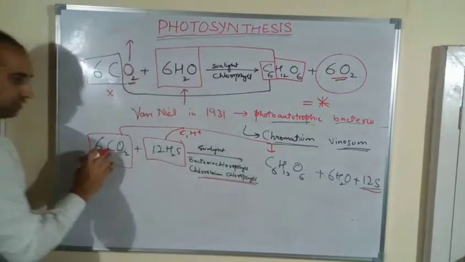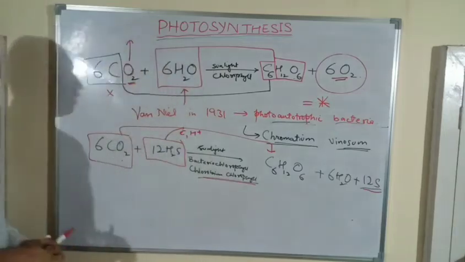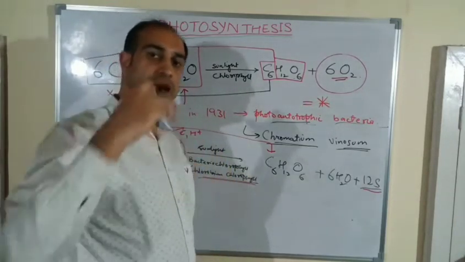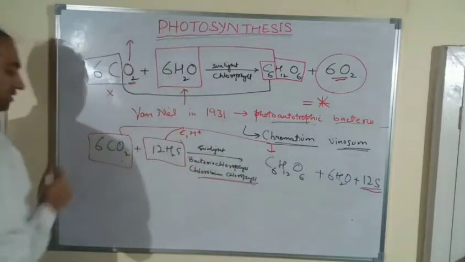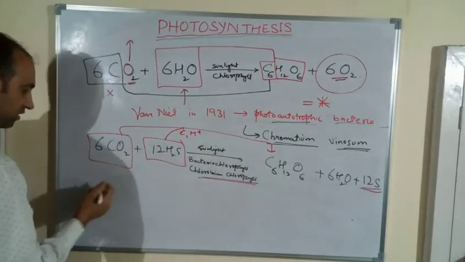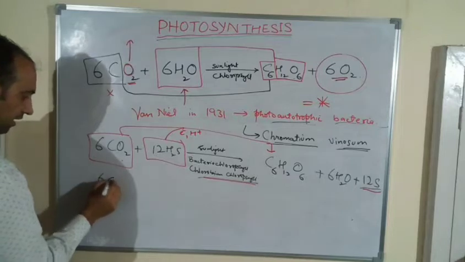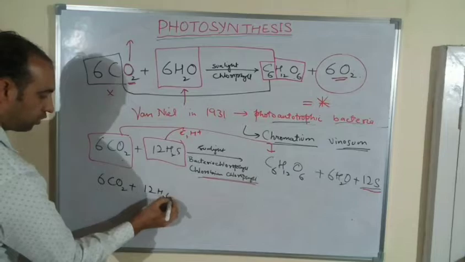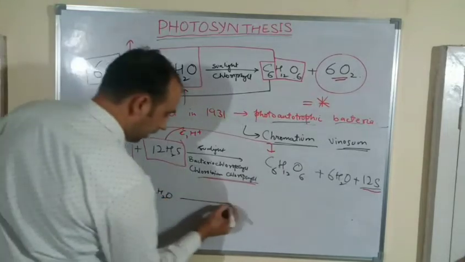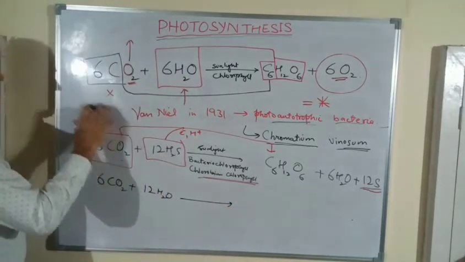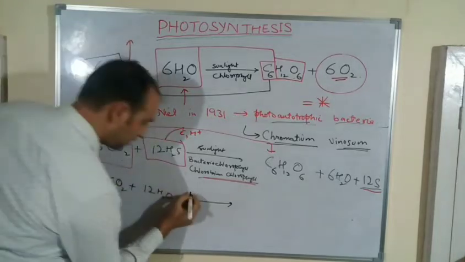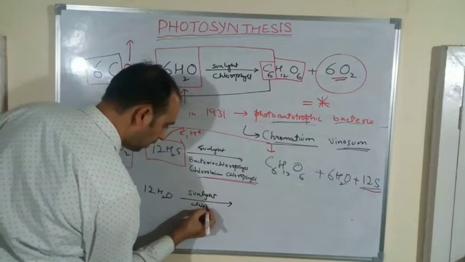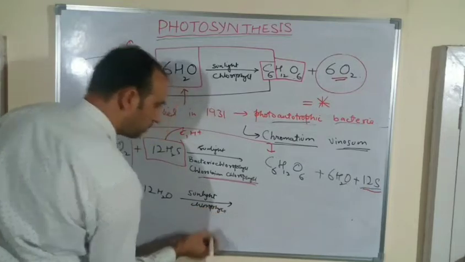Van Niel used this equation to give the model of photosynthesis in higher plants. He writes the equation for photosynthesis in higher plants by replacing the hydrogen sulfide with a water molecule, as we know that in higher plants, water is utilized during photosynthesis, again with the help of sunlight and chlorophyll pigment.